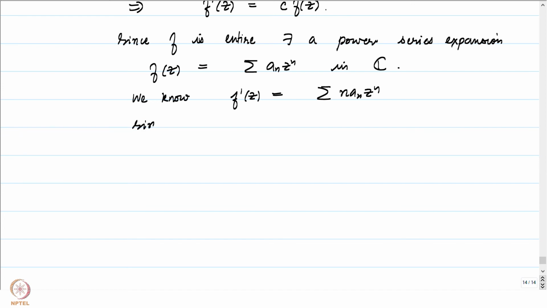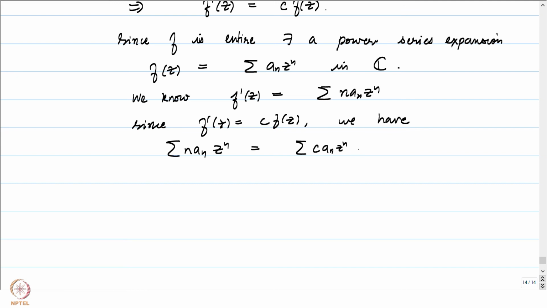And since f prime of z is equal to C times f of z, we have summation n a_n z to the power n minus 1 is equal to summation C times a_n z to the power n.